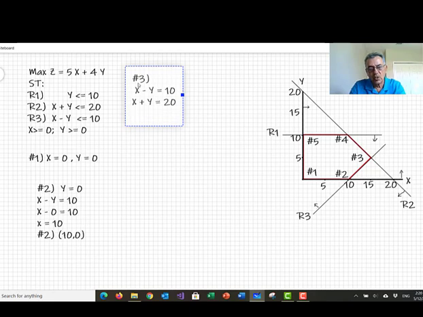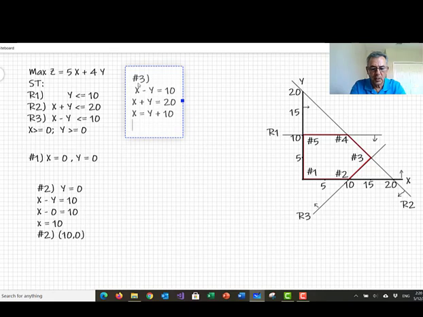Alternatively, you can just add these two equations and you can see that y gets eliminated. But just in case, let's say we take the first one and we find that x is equal to y plus 10, which we then substitute into the second equation.